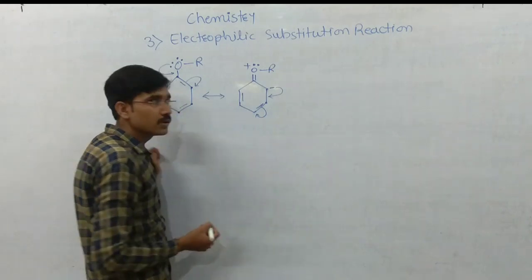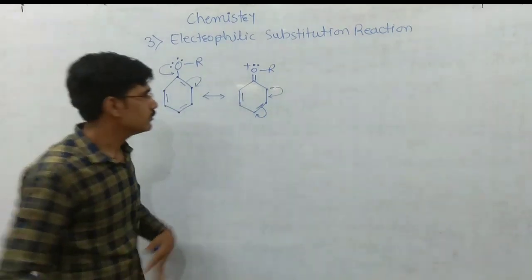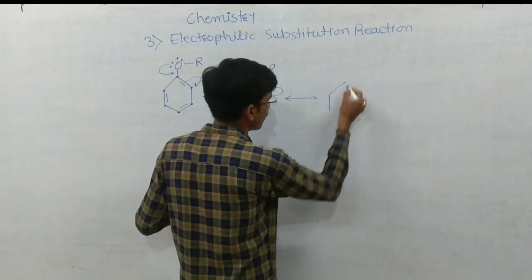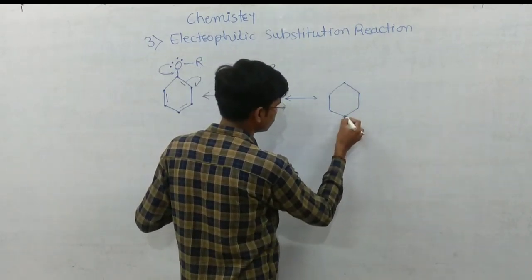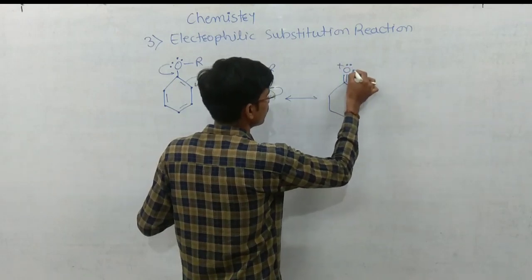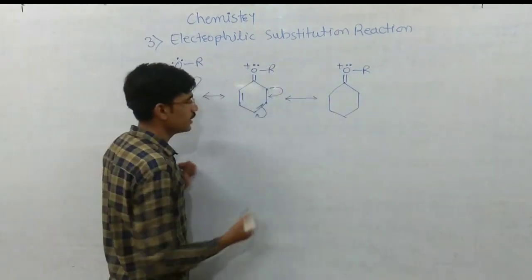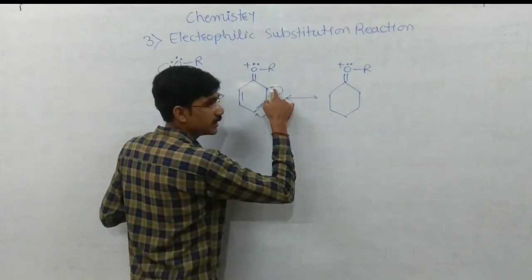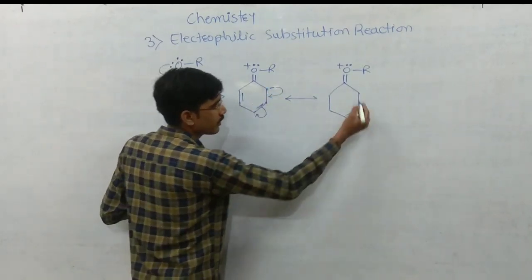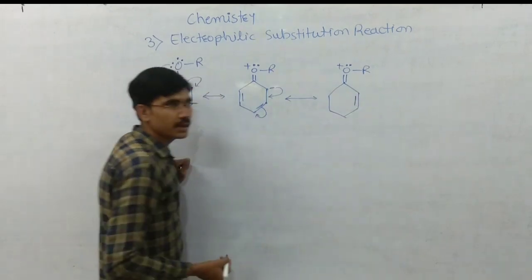It transfers to the next carbon atom, and we write here double bond, O positive charge, lone pair, R. Clear? This negative charge is totally transferred between carbon atoms. That means it forms a bond here.